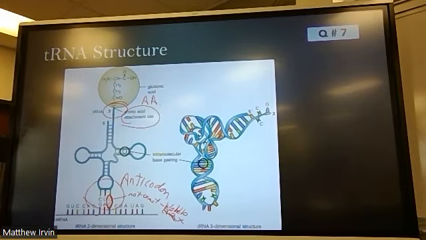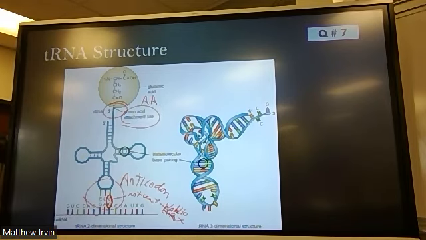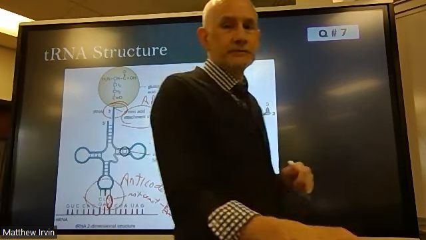So you've got maybe 4 different codon sequences that bring in the same amino acid. And so if you have a mutation on that third nucleotide, it may still bring in the same amino acid. And what kind of mutation is that called? Silent. Correct, it is a silent mutation.